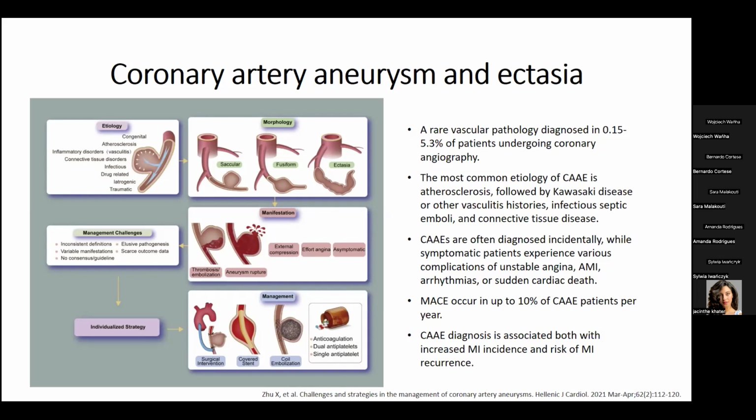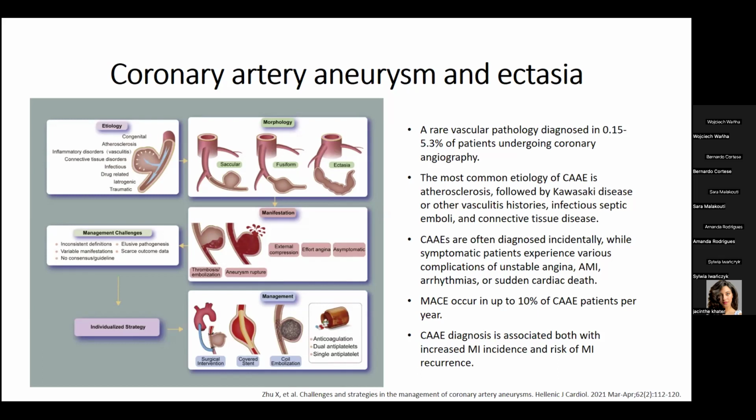Coronary aneurysms are often diagnosed incidentally, when the patients are asymptomatic. Generally, stable angina symptoms are the most common symptoms, but of course we have to remember about unstable angina and acute myocardial infarction.